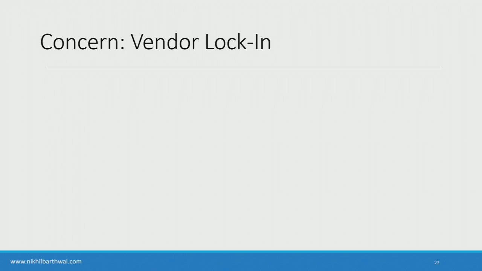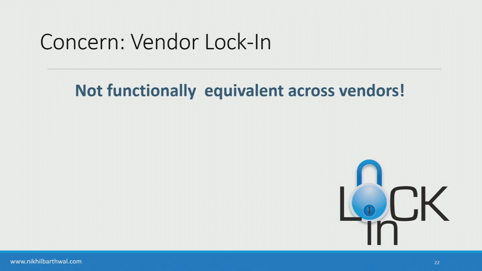As a result, you don't have standardization across vendors. So if you use one vendor and you want to move to another, you basically have to change your code, change your architecture, and so on. The functionality is also not equivalent across vendors, so you have a vendor lock-in problem here.